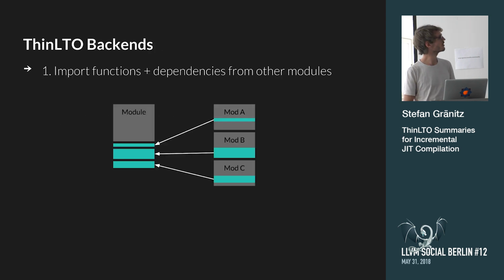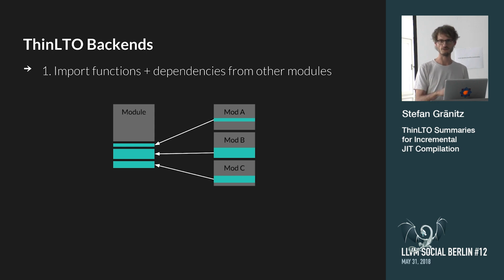Very short, the process is: first step, we have a module, and this module has a few dependencies. Let's call them module A, B, and C. In the first step of the ThinLTO backend, we will import all the definitions that we need.